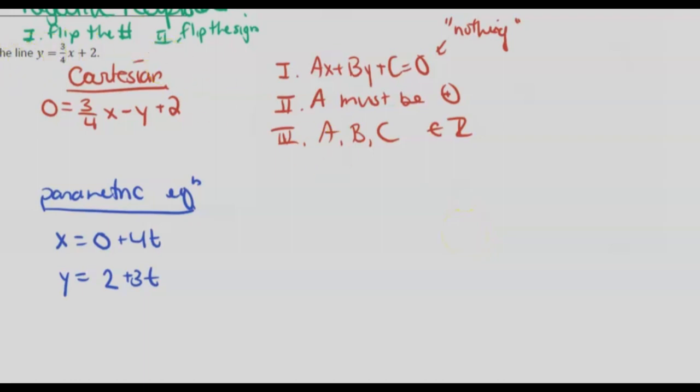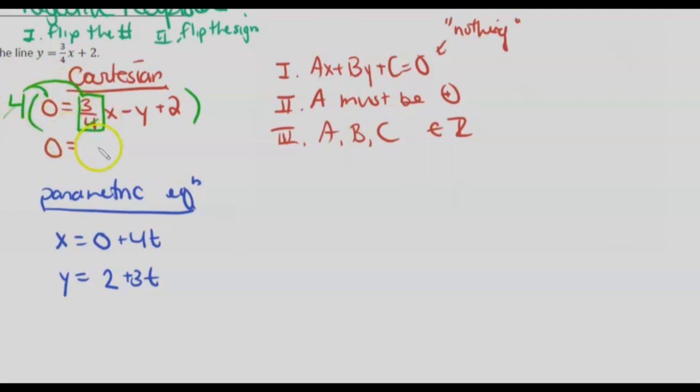So they must be elements of the integer set. Coming back over here, 3 over 4 is positive. Now, what would we have to multiply this entire equation by in order to get an integer value for 3 over 4? Well, we can multiply everything by 4. 0 times 4 is going to be 0. 3/4 times 4, these would cancel out.